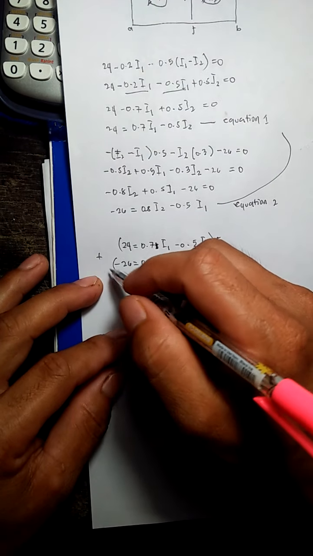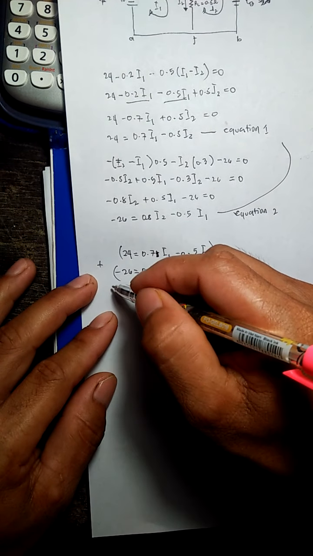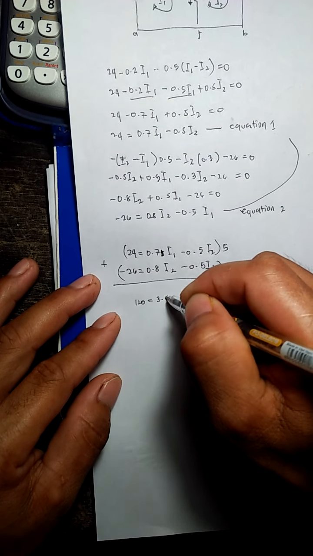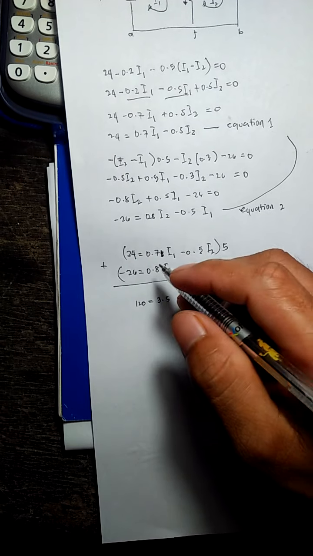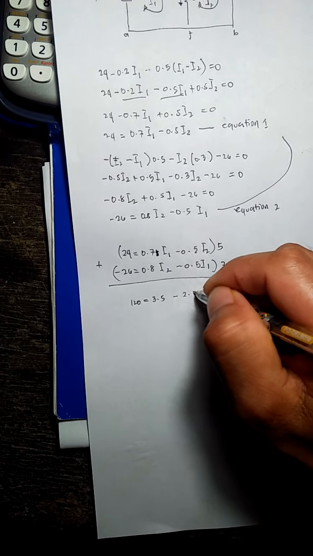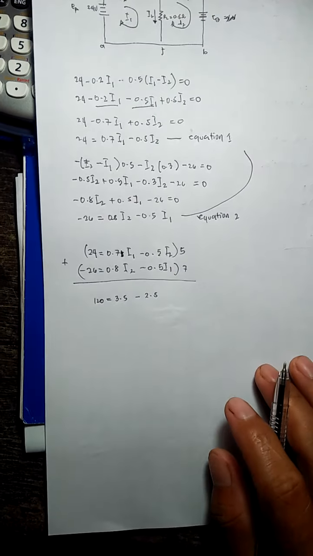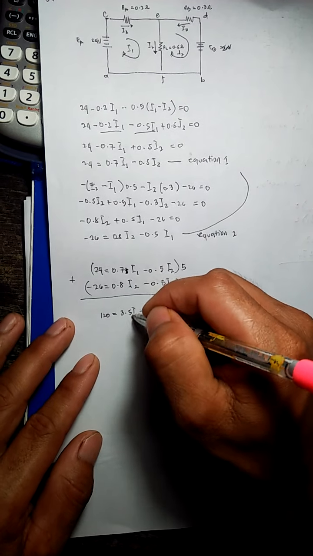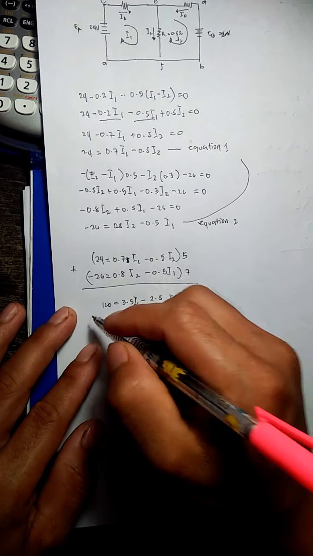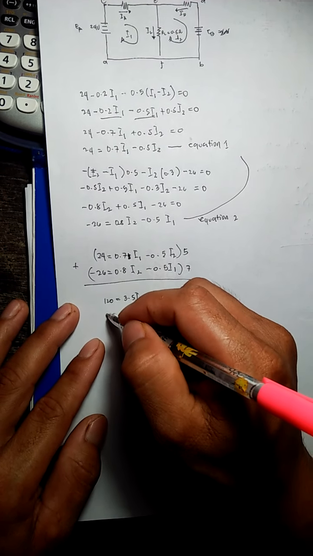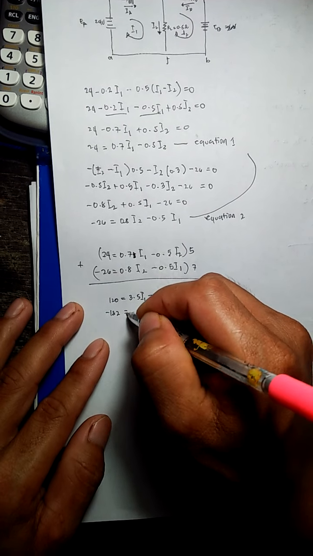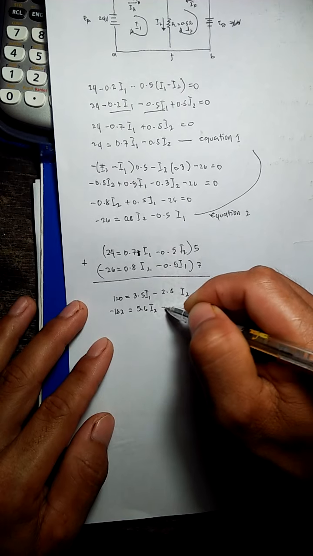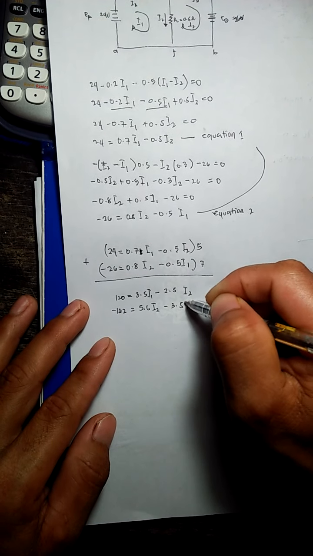So it will become 120 is equal to 3.5 I1, 5 times 0.7 is 3.5, minus 2.5 I2, 5 times negative 0.5. Then 7 times negative 26 is negative 182, is equal to 5.6 I2 minus 3.5 I1.